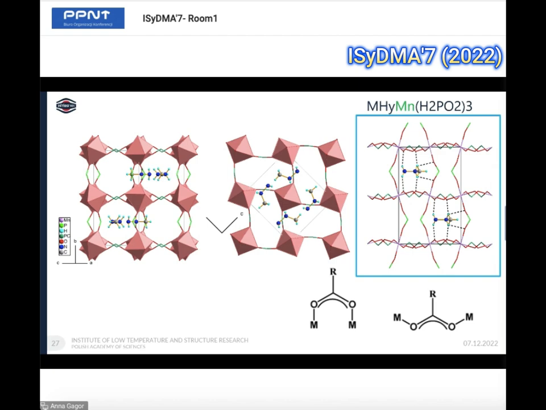material at room temperature with amines which are displaced from the center of cavities and interact nicely by hydrogen bonds with the hypophosphate structure.